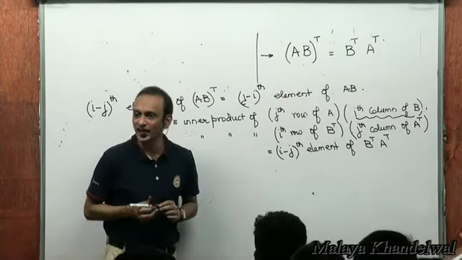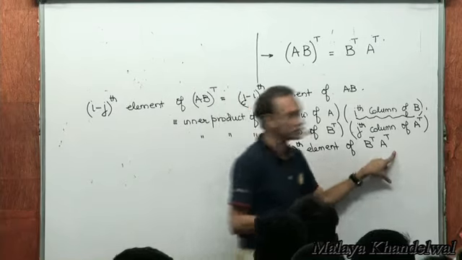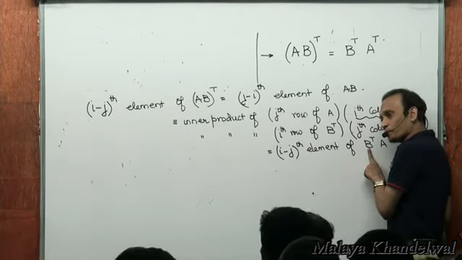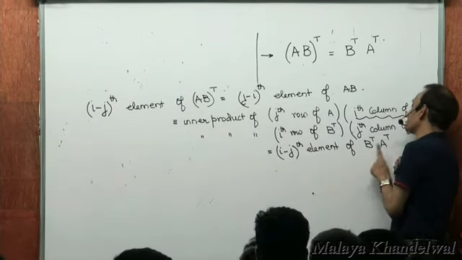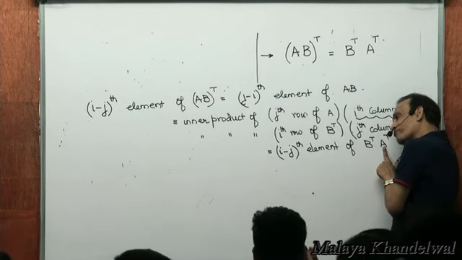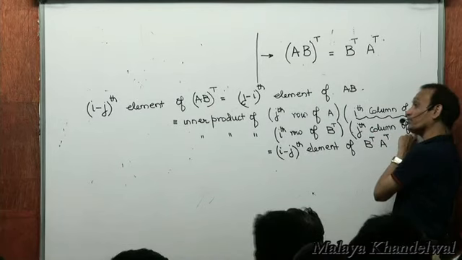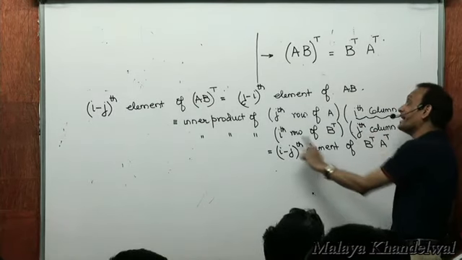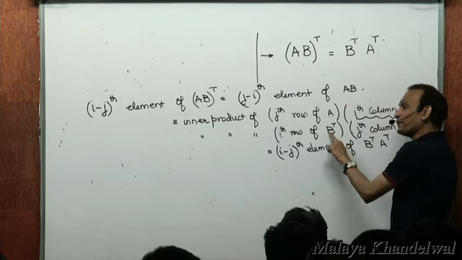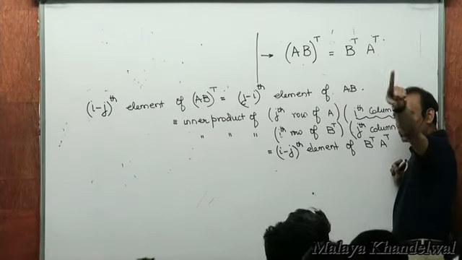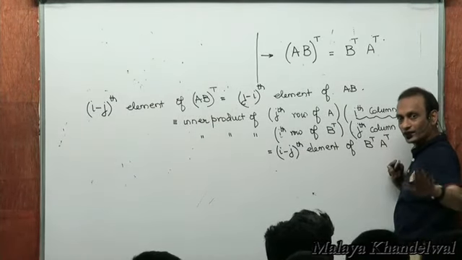How do you find the ijth element of B transpose A transpose? You take the inner product of the ith row of B transpose and the jth column of A transpose. This inner product will give me the ijth element of B transpose into A transpose. Yes or no? Are you all there with me?